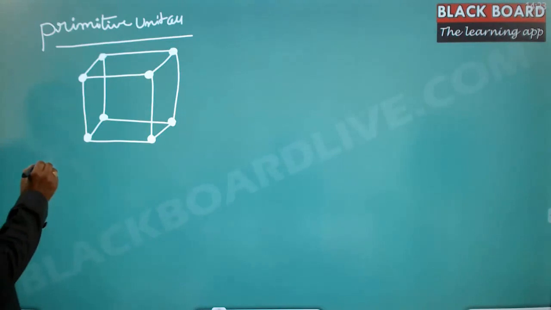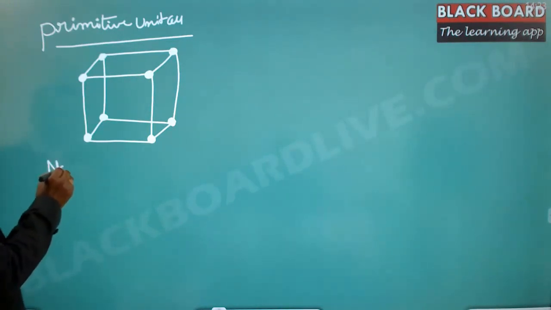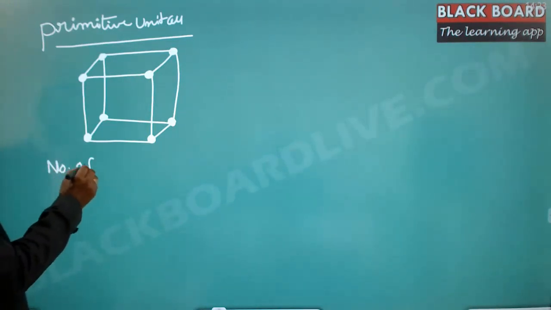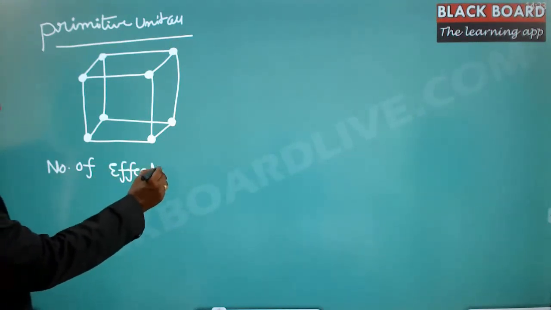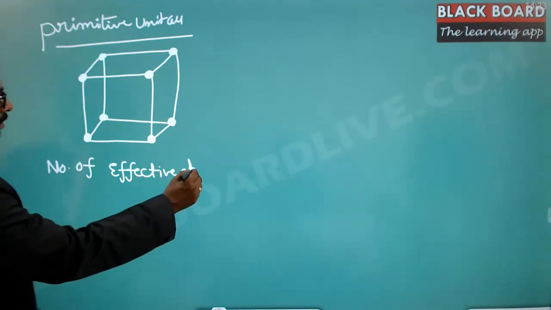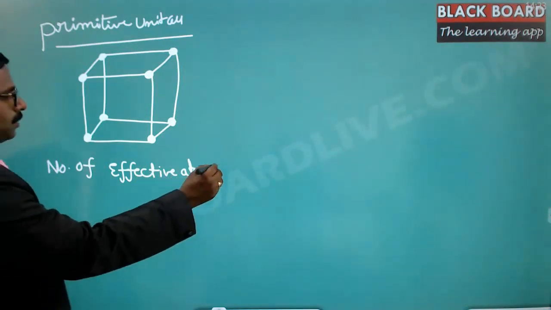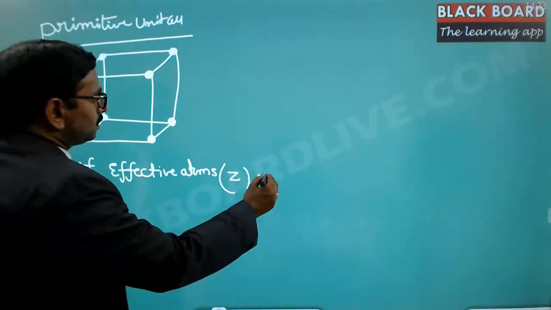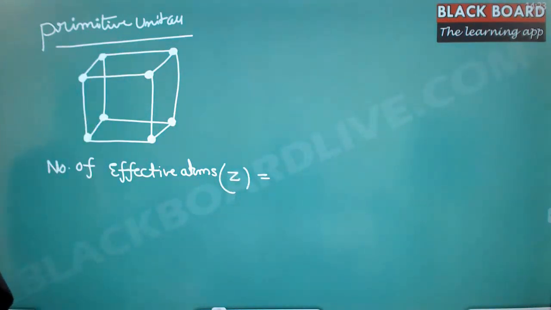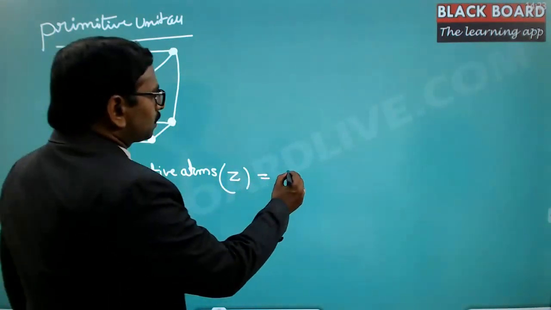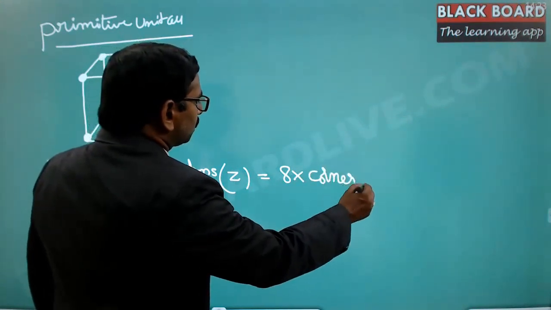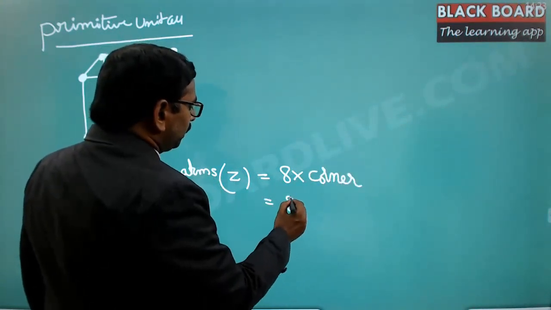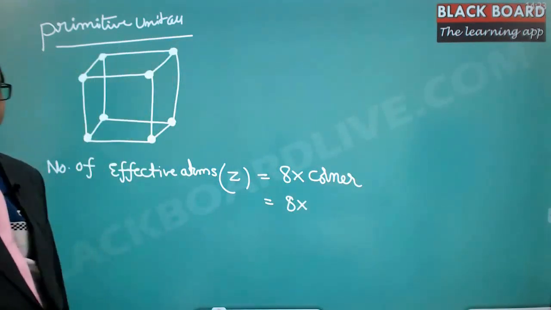Now, the number of effective atoms is denoted by Z. Z is equal to 8 into corner, which is 8 into, what is the corner contribution?